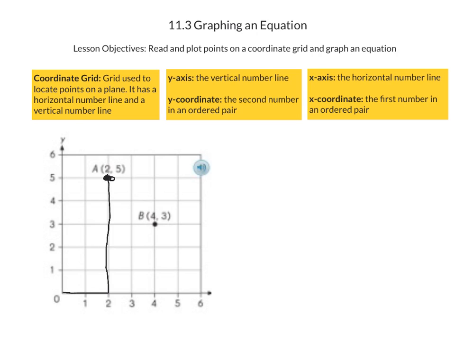That tells us where we need to plot our point. For point B, we have 4, 3. The 4 tells us we're going to move over 4 places on the x-axis, and the 3 tells us that we're going to move 3 places up on the y-axis.